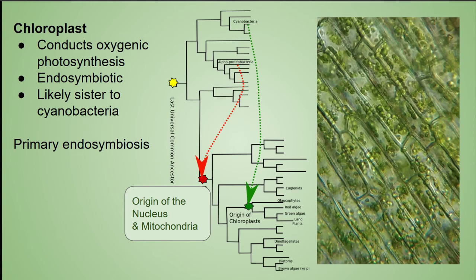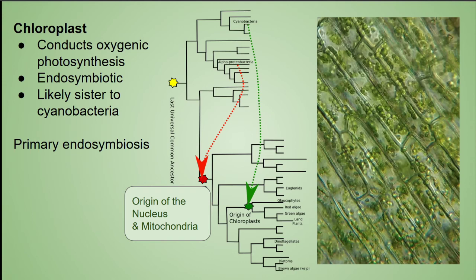to the origin of the plantae clade. The plantae clade is a nice clade in the sense that it's monophyletic. It includes the most recent common ancestor and all of the descendants, and it lumps together the land plants as well as several recent relatives of the land plants that include the glaucophyte algae, the red algae, and the green algae.